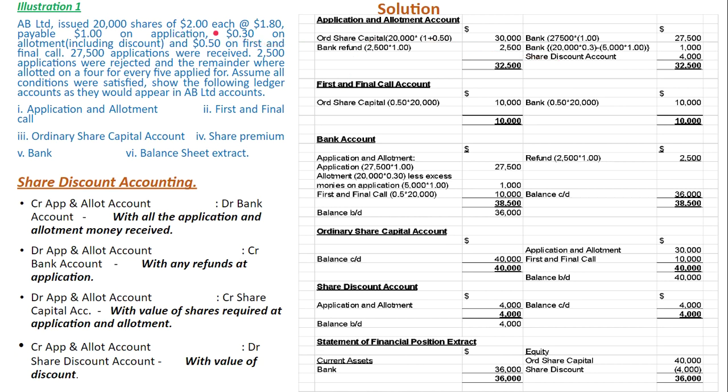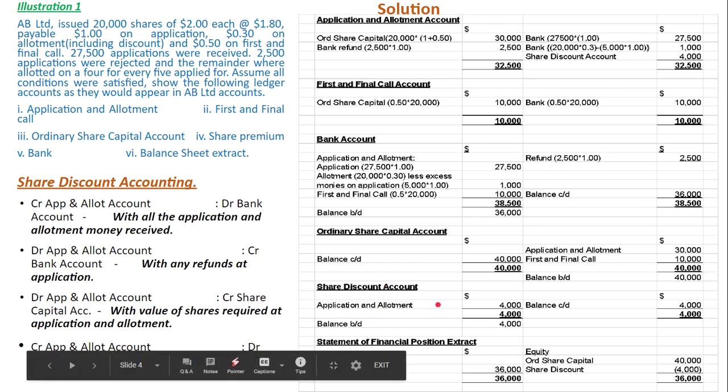And we know that our discount is $2 less $1.80, which is 20 cents, which is 20,000 multiplied by 20 cents to give us $4,000. Double entry with debit share discount account, narration, application and allotment, $4,000.